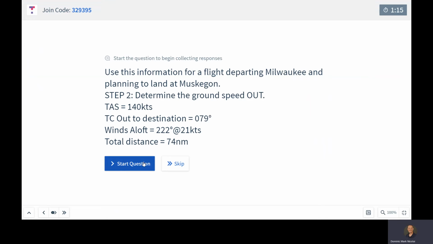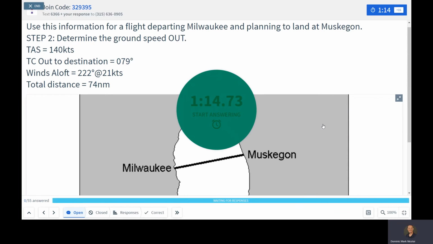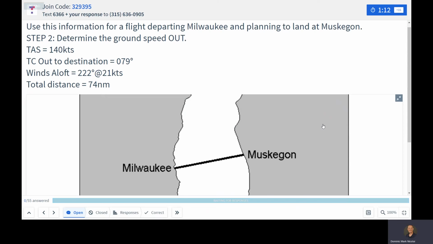Now, the next part is, what is the ground speed out to my destination? From Milwaukee to Muskegon, if you've got your flight computer, you can just simply flip everything around, get in a 079 true course. You already have your wind dot.